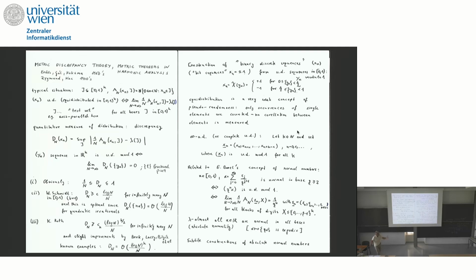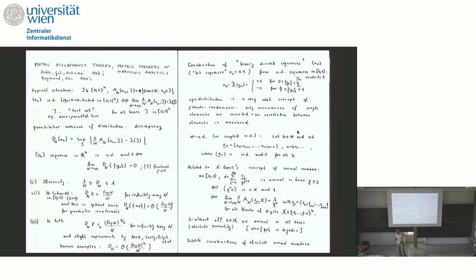And if this quantity is small, this is of course a much stronger concept of pseudo-randomness. Another possibility is the so-called complete uniform distribution, or infinite uniform distribution, as it is written here.